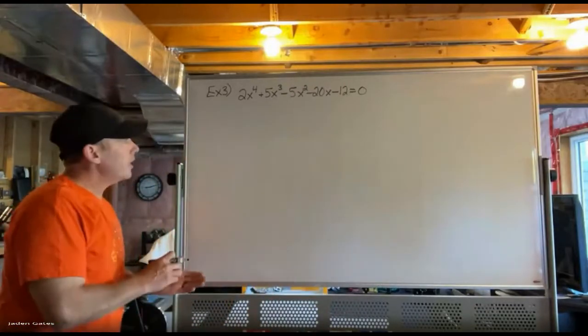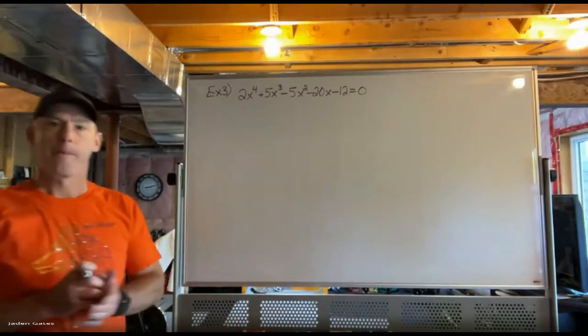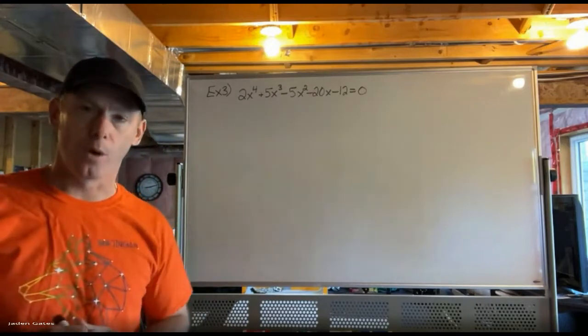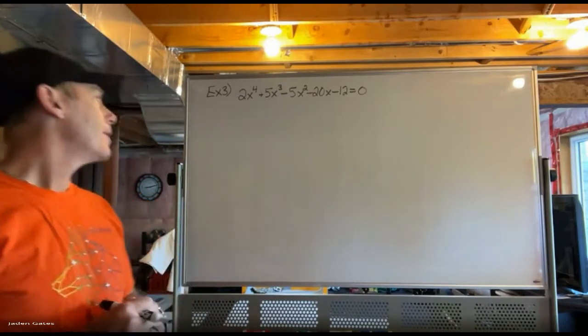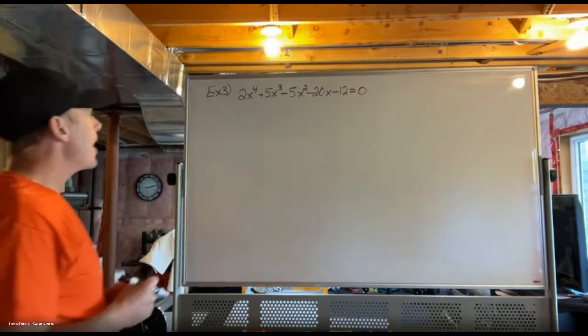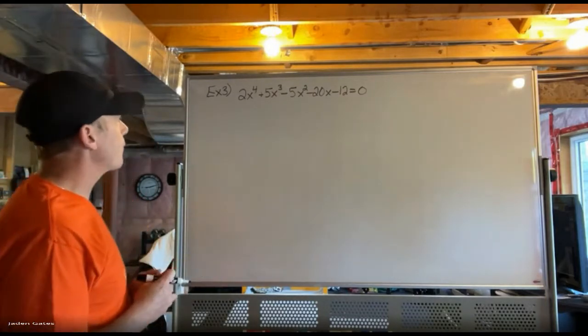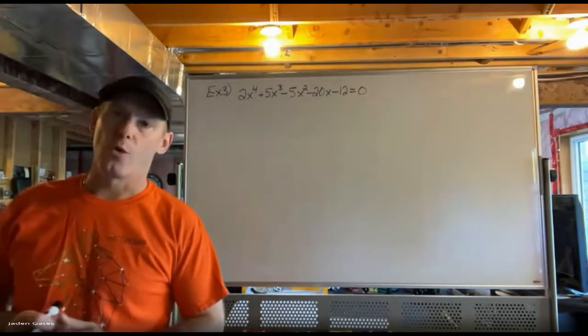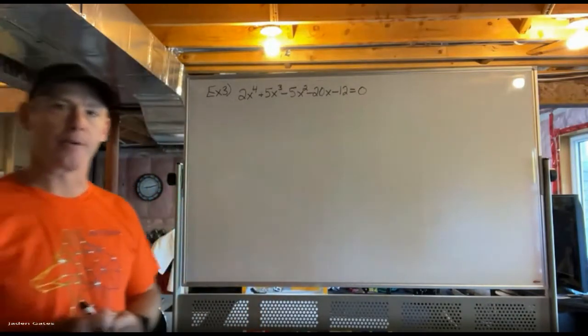Now, this one's a little bit different, which is why I say we're stepping it up. This is a degree 4 polynomial. We'll get to what that means, but first of all, we do have a 0 on one side of our equation. That's a must, so we already have that.